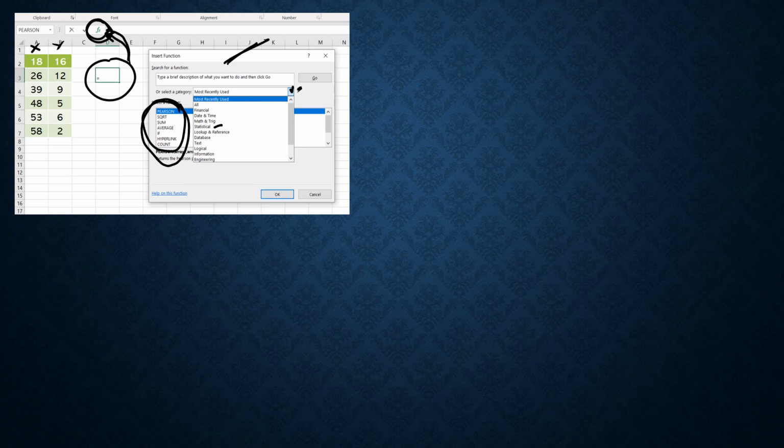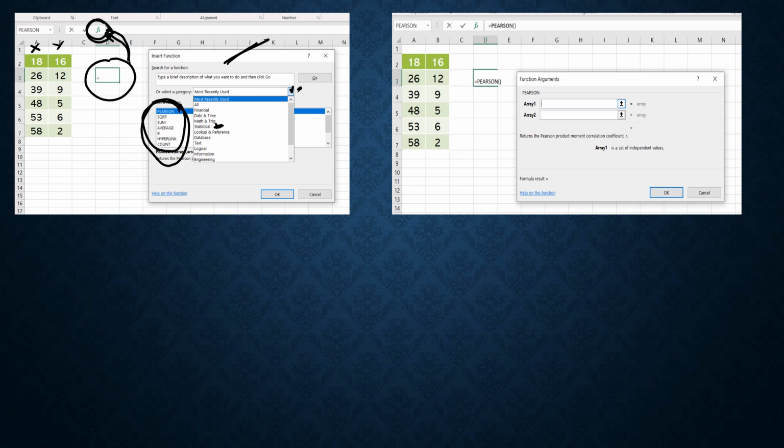And then you're going to find the word statistical. After finding statistical, press that. And then there will be average and so forth and so on. You're going to take a look at Pearson, and then press Pearson.